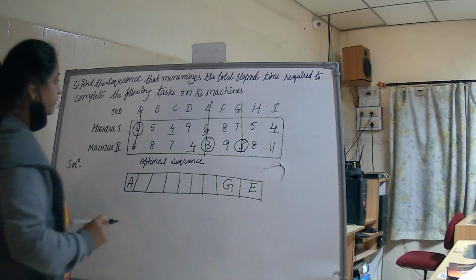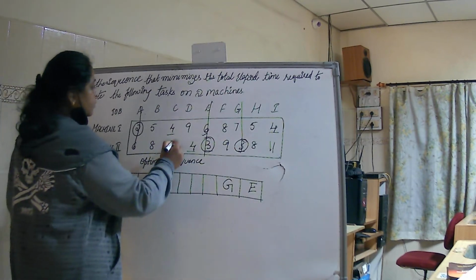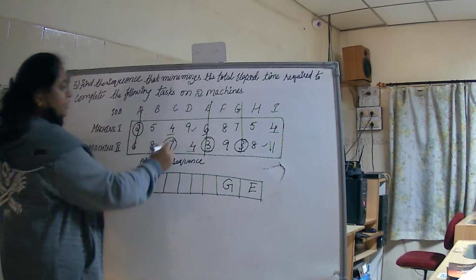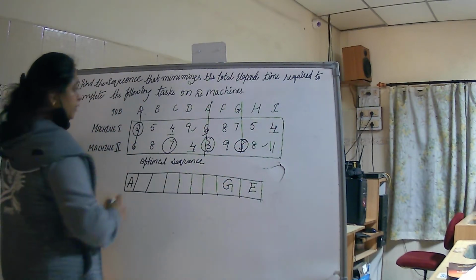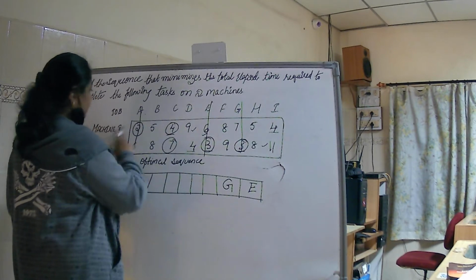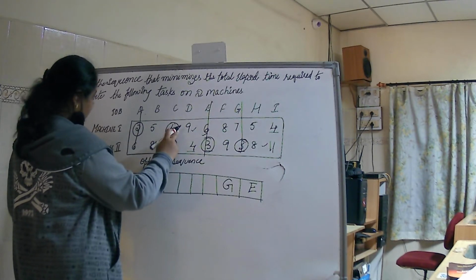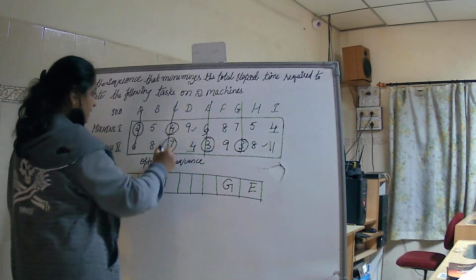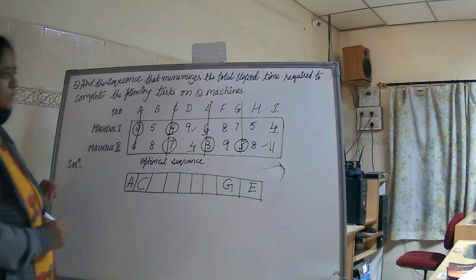Going with the same thing, the first minimum is 7, then 9 and then 11. So first I take 7 because it is for machine 1. I would be taking it towards my left hand side and cancelling this column.